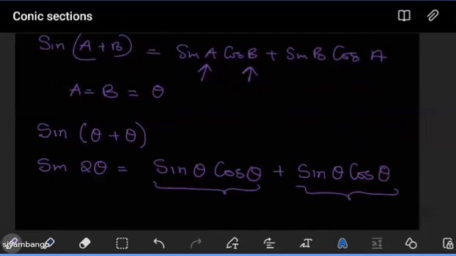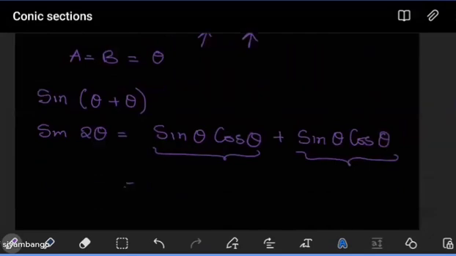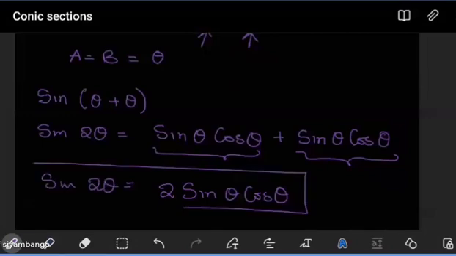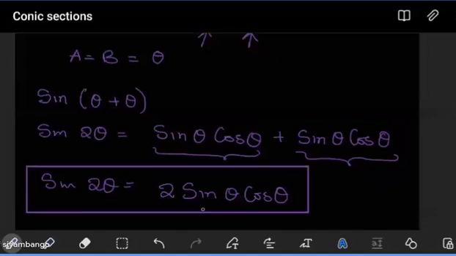Yeah. So they will add up, it's the same as x plus x, which will give us 2 times the same term. Do you agree now? Yes, it's the same. Okay, so this is the identity that we're going to use. We just observed that sine 2 theta is actually equal to 2 sine theta cos theta.